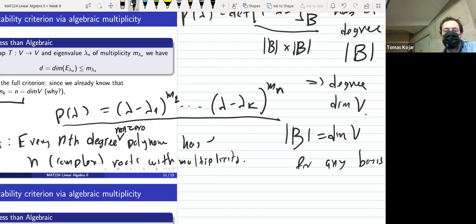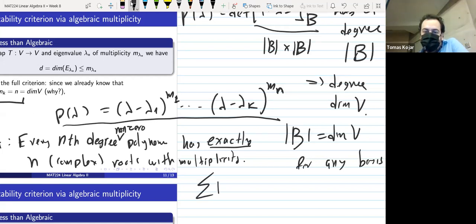Equal means equal, and you count the multiplicity. So that's how you get that the summation of mi is equal to n, which is the size of the matrix.